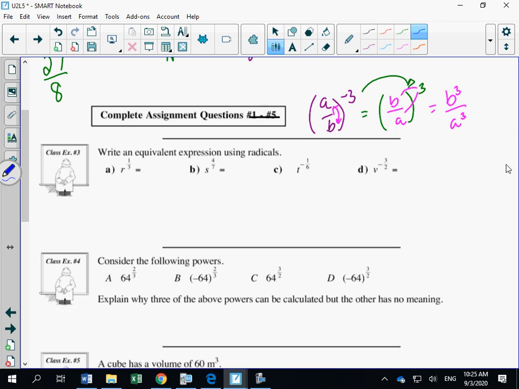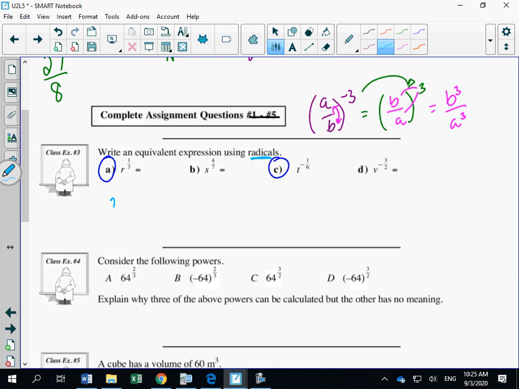Okay, let's do class example 3. Maybe what I'll do is I'll do A and C with you, and then you could pause the video and you could do B and D to see if you're understanding this. So write an equivalent expression using radicals. So again, equivalent using radicals.